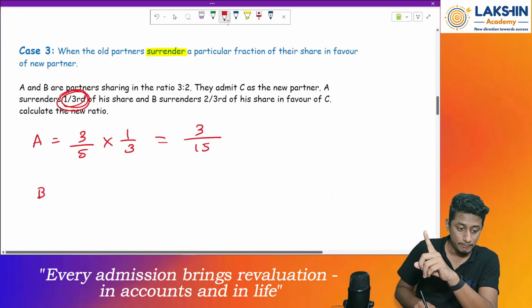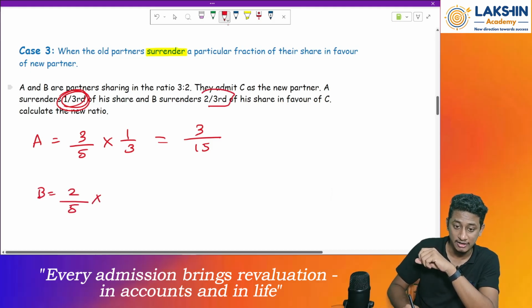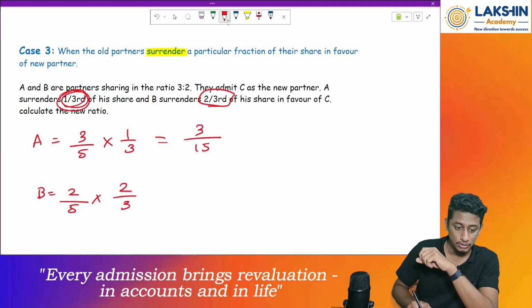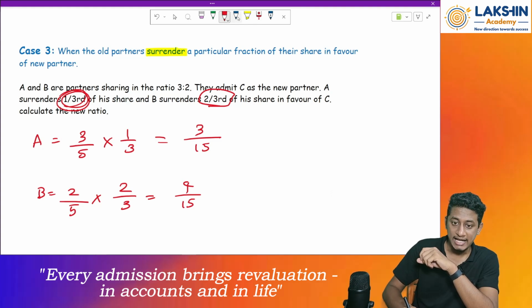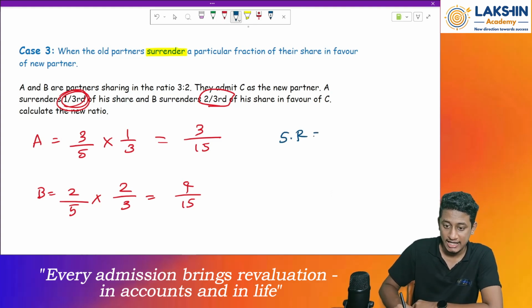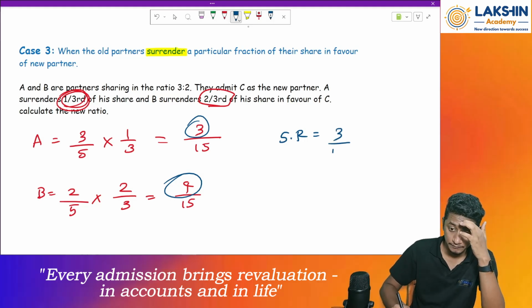Then B, 2 by 5 into what? The surrender is 2 by 3. So 2 by 5 into 2 by 3 is equal to 4 by 15. So my sacrifice ratio will be 3 by 15 and 4 by 15.